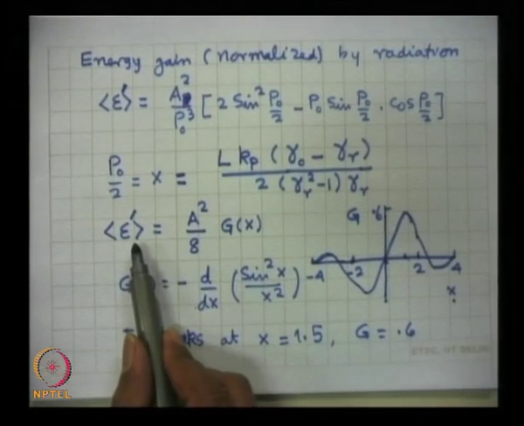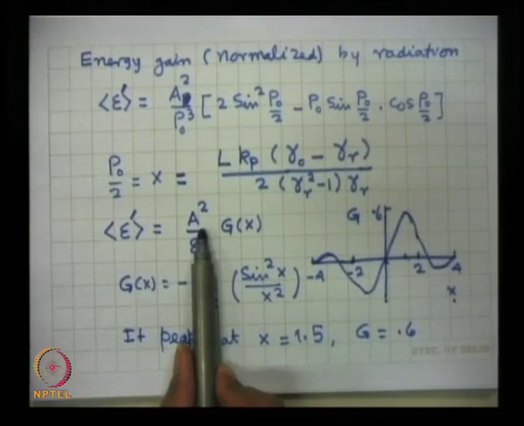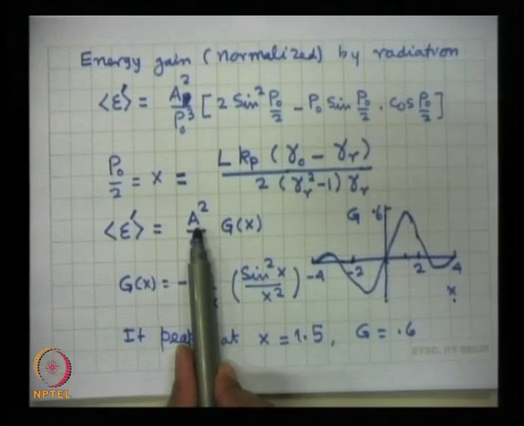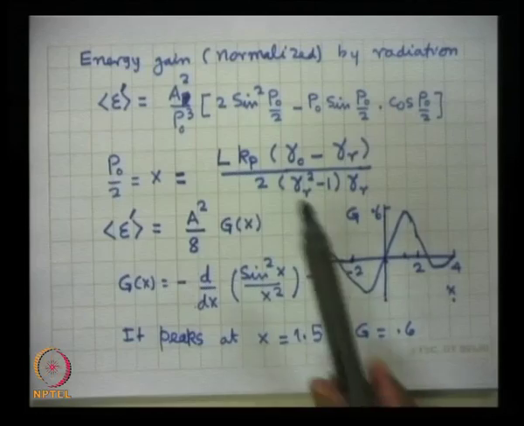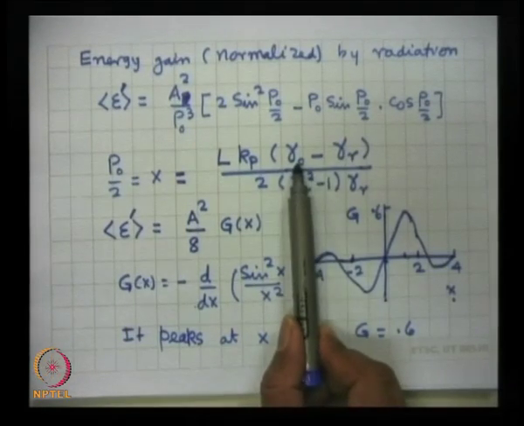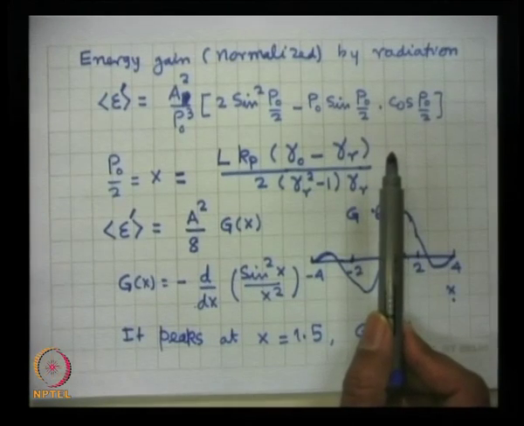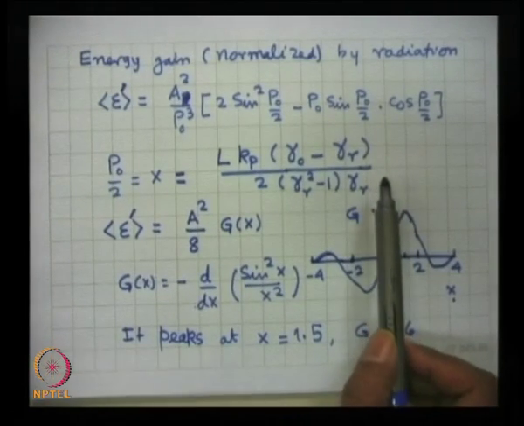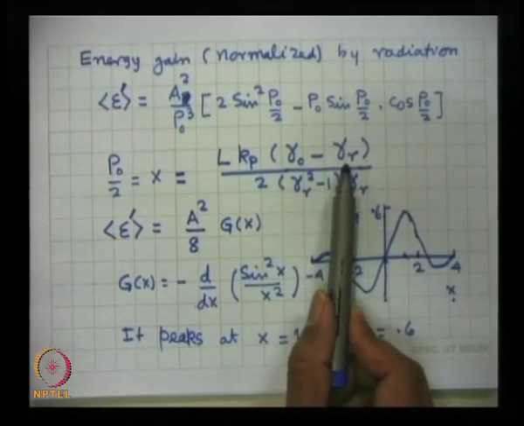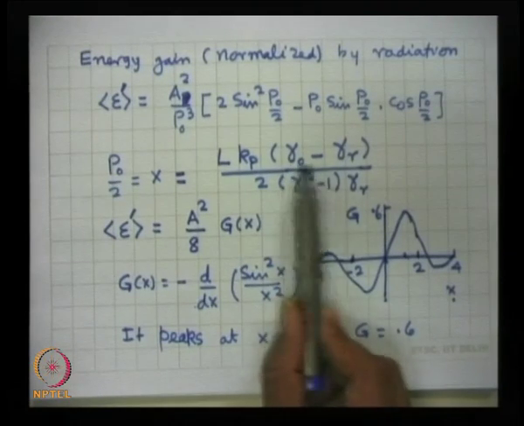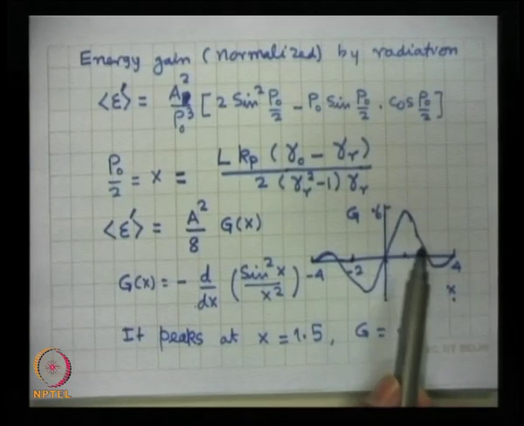The net energy gain by radiation, single particle energy gain, will be proportional to the square of the Wiggler amplitude, and this factor will be around 0.6 if you have chosen your initial energy of the electron beam in such a fashion that this quantity is around 1.5. That is a very important deduction from this analysis that one should always have a beam moving faster than the ponderomotive wave. So, that gamma 0 is bigger than gamma r, and these are the normalized parameters. You should choose that value.